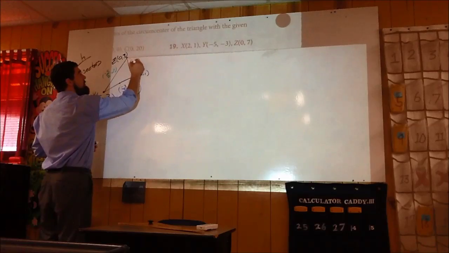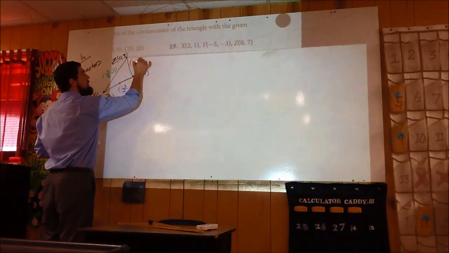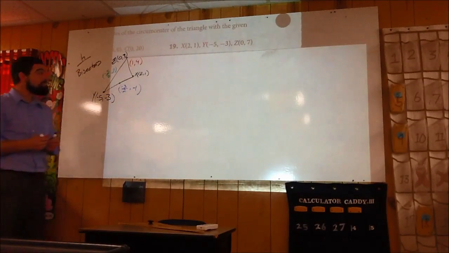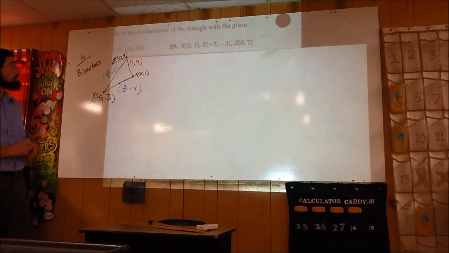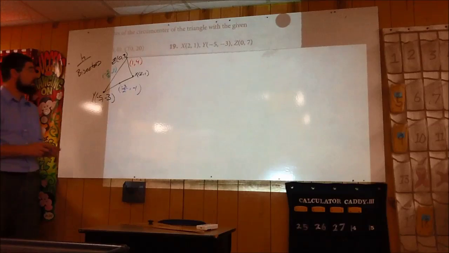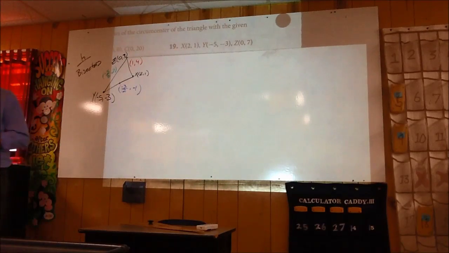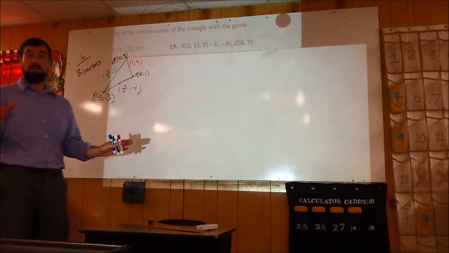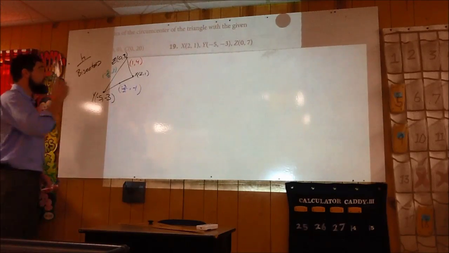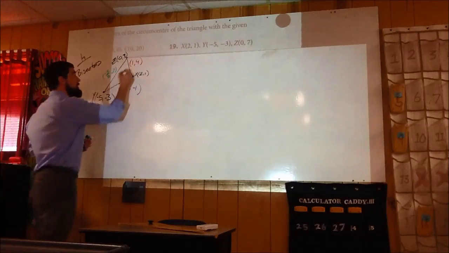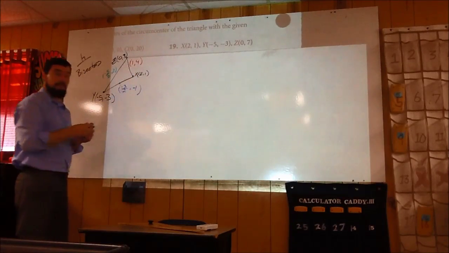Then over here you've got a +1 and a +4. Did we get these midpoints, or can someone second me on these? We're all good? Okay. So these are the points that I know these perpendicular bisectors have to go through.